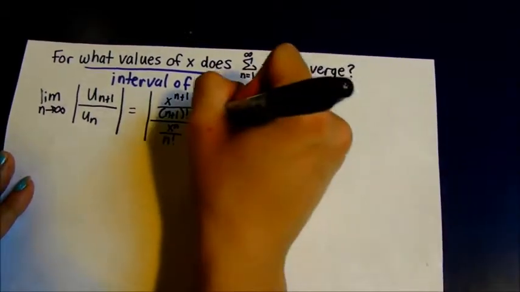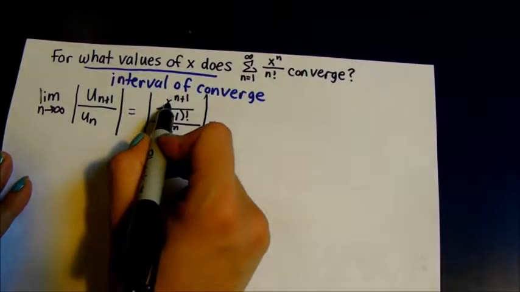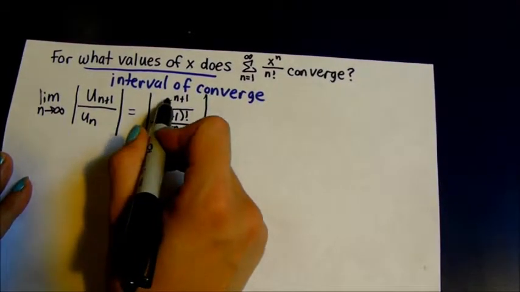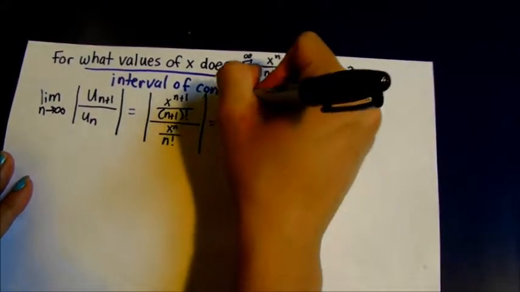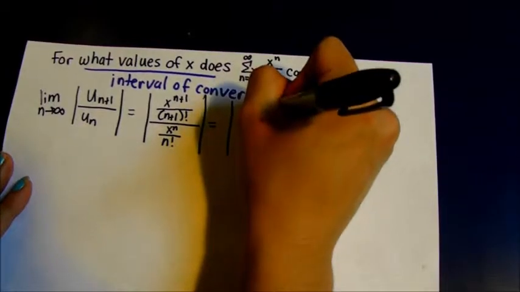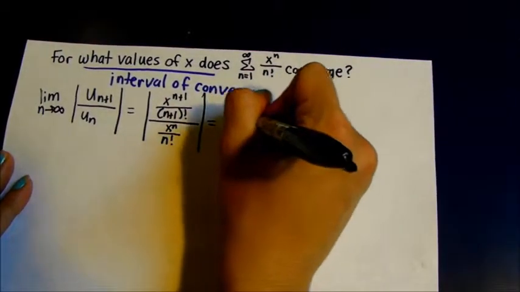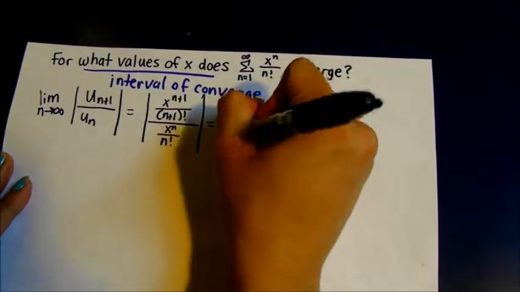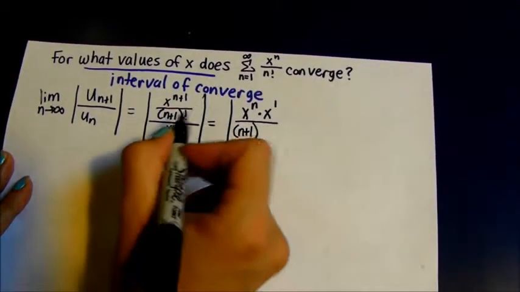So now I'm going to clean it up a little. Recall that x raised to the n plus 1 power is the same as x to the n times x to the 1 power, and that will be over n plus 1 times n factorial.